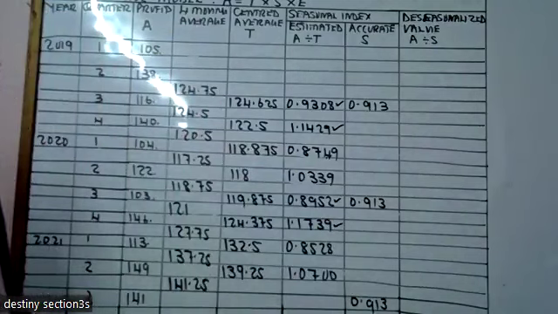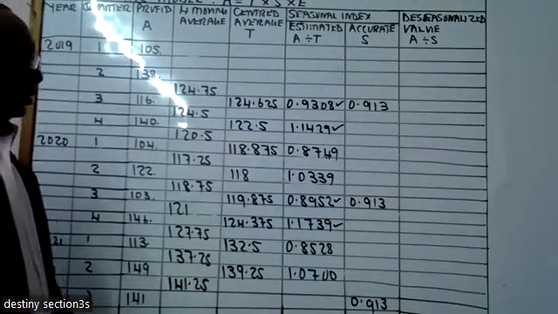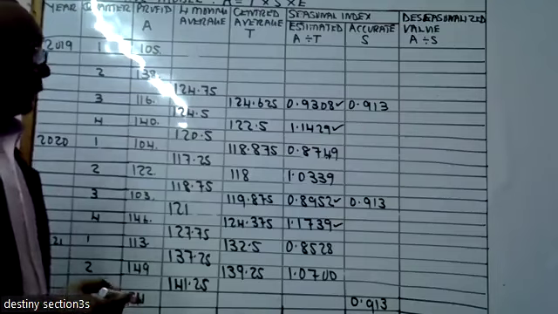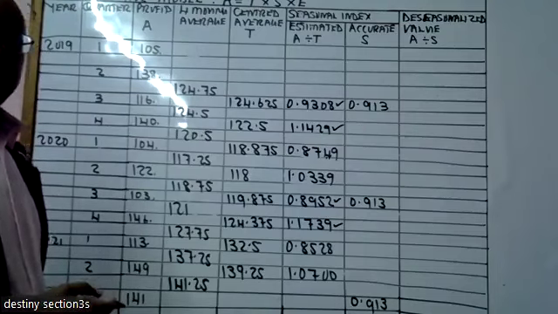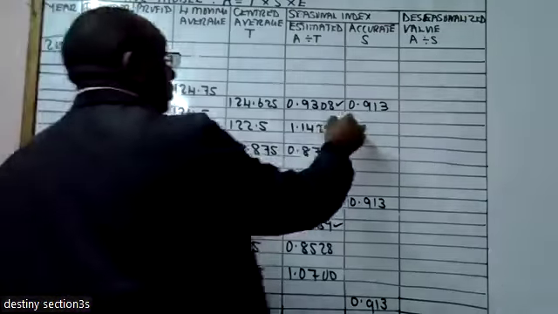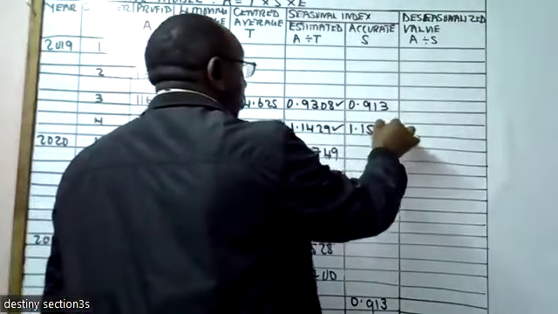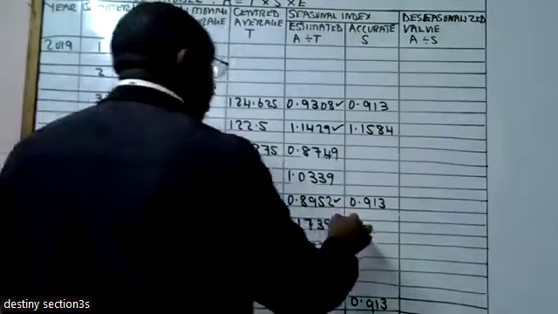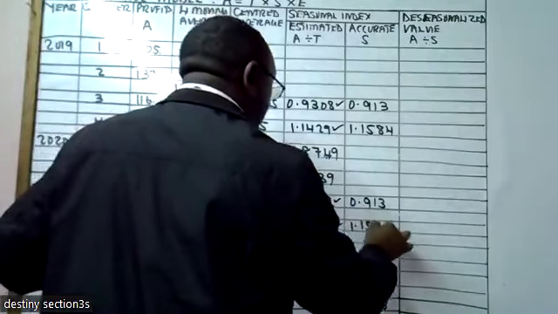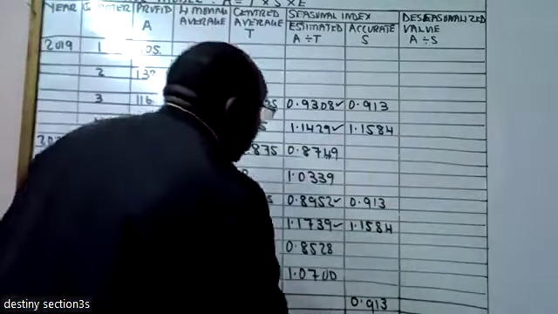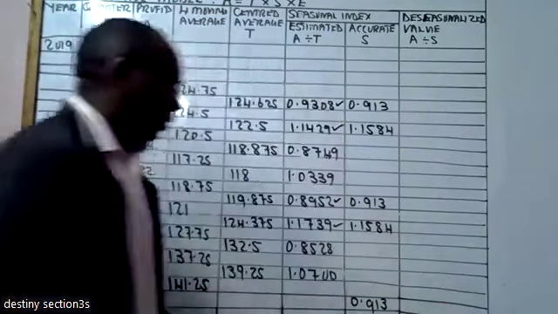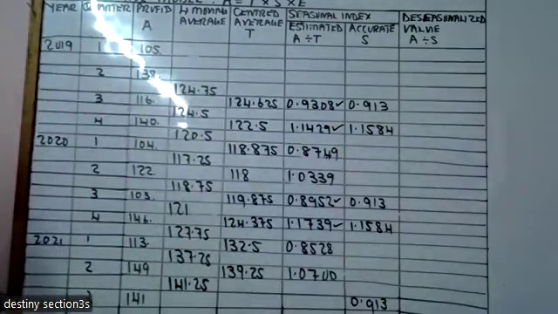Add those two and divide the answer by 2. 1.1584. So write that everywhere there is quarter 4, even here, and down below where you can't see in my book, but I believe you can do the same in yours. 1.1584, quarter 4.